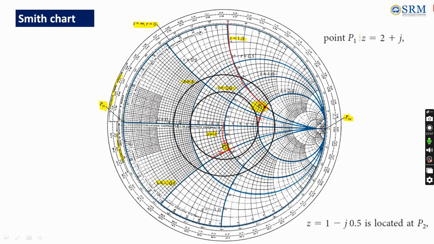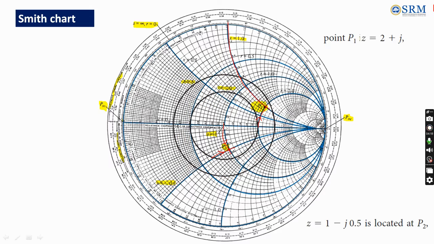So we can see the open circuit towards the right of the Smith chart and the short circuit towards the left. At the center the SWR value is 1, and at the outermost circle, here, SWR is infinity, where the resistance circle is 0.